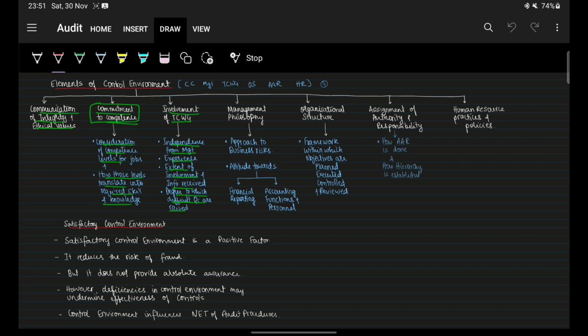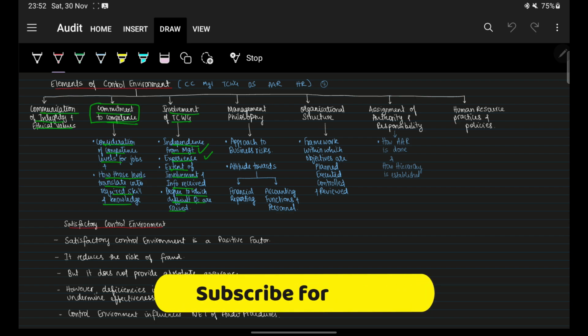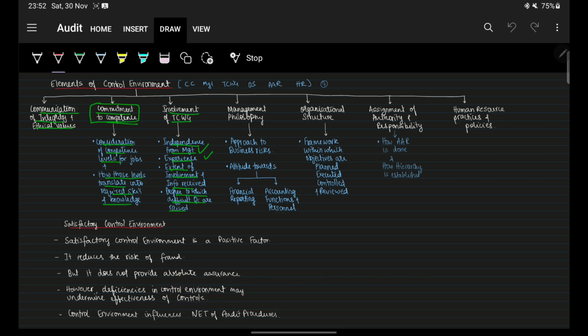So we check whether they are independent from management, whether they have a good amount of experience, and what is the extent of involvement and the information that is received by them. So this is kind of like a double-edged sword, right?